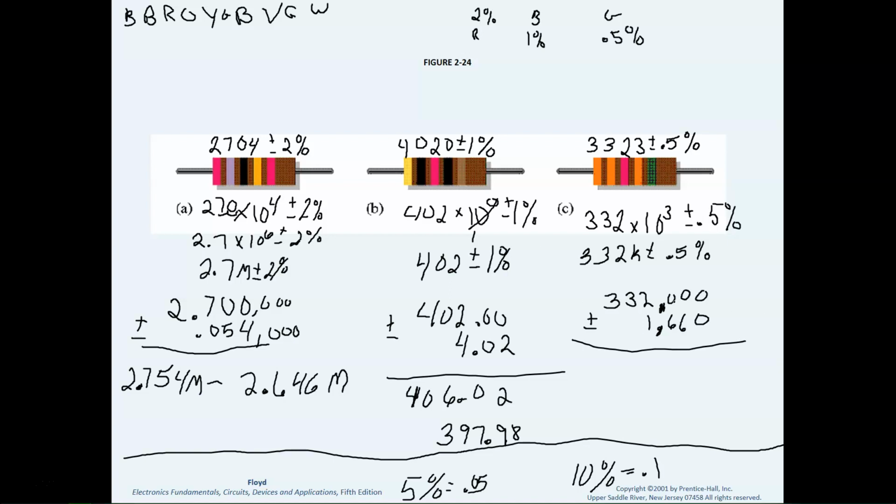But what you're adding to and subtracting from is you're adding, so you have your base number, 332,000, and you're adding and subtracting 1,660. So your added number will be 333,660.